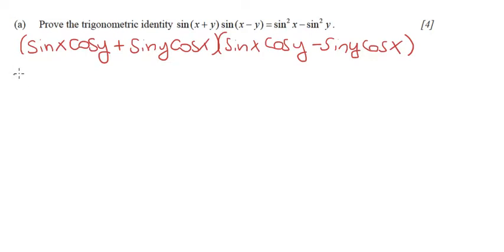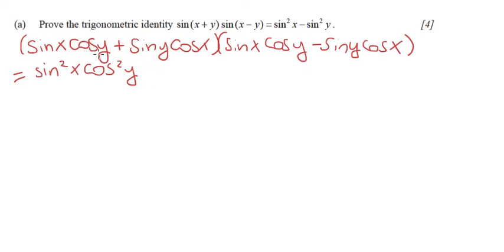Okay, so to FOIL this out, you do the firsts. Since the first term in both of the parentheses are the same, you can just square that. So we get sine squared x cos squared y. Okay, then you do your outsides.